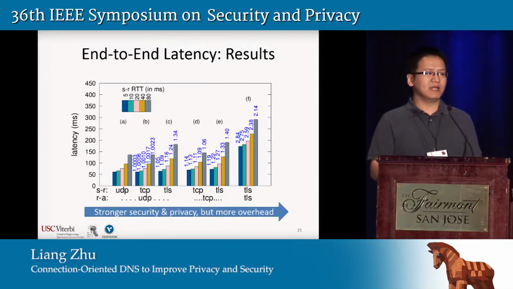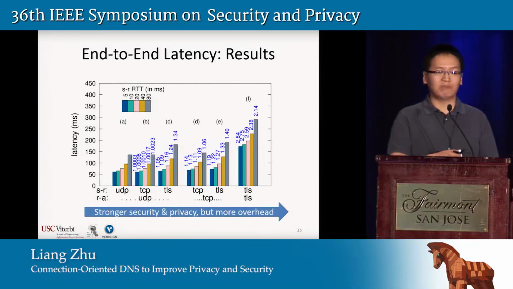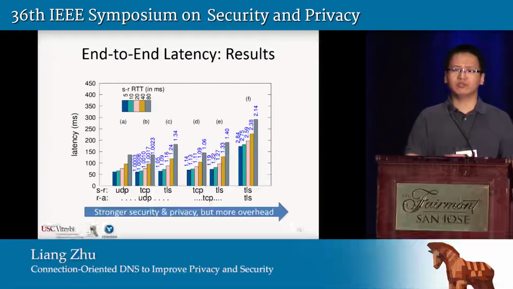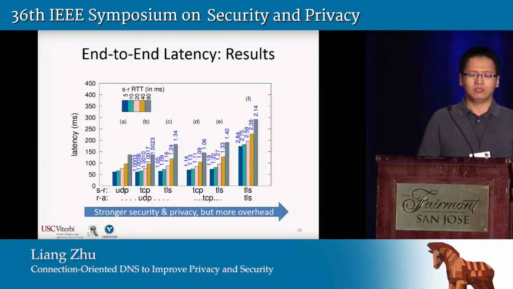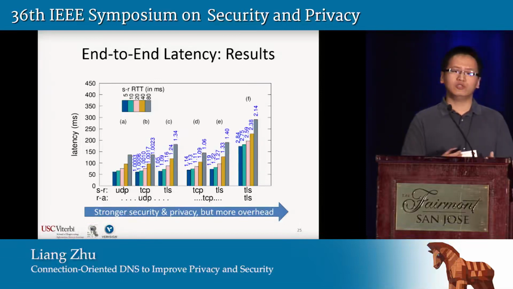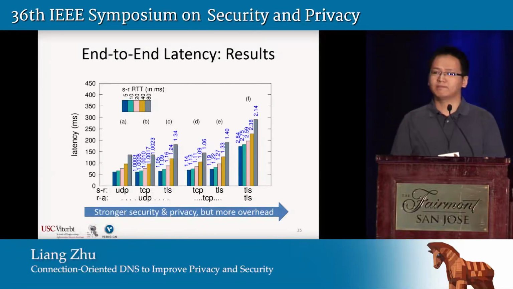The baseline is just to use UDP everywhere, and it's the leftmost group of bars. We also study all the combinations. There is always a trade-off between how much security and privacy you want and how much overhead you want to pay.